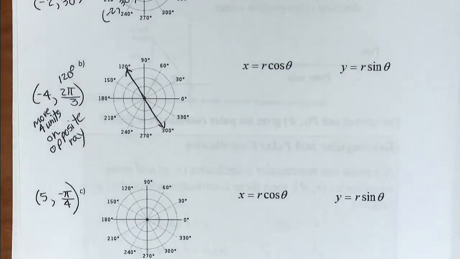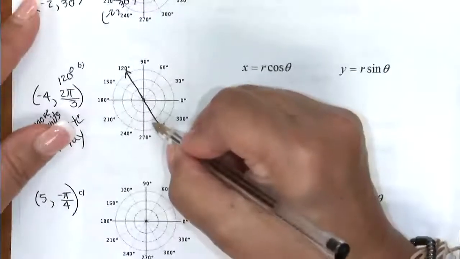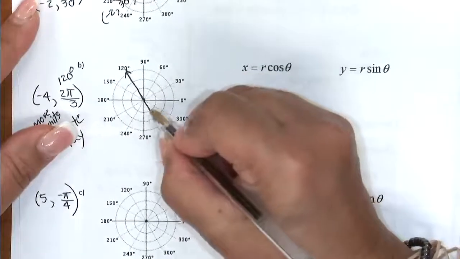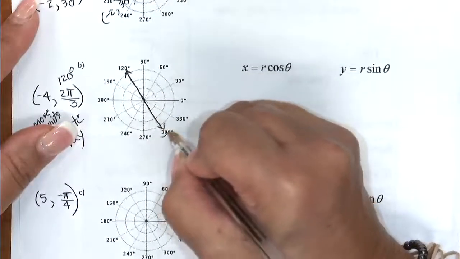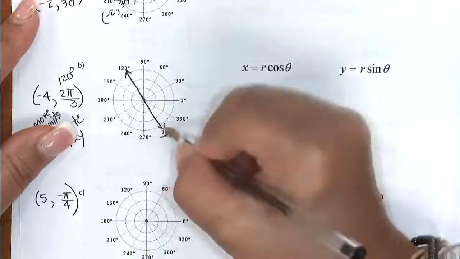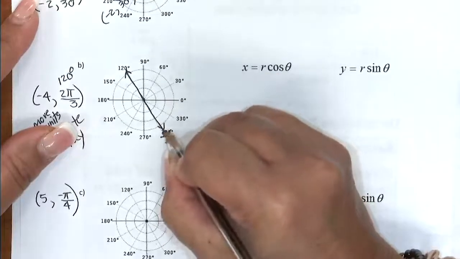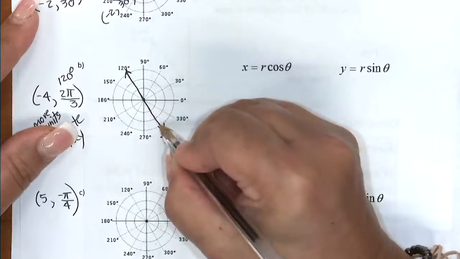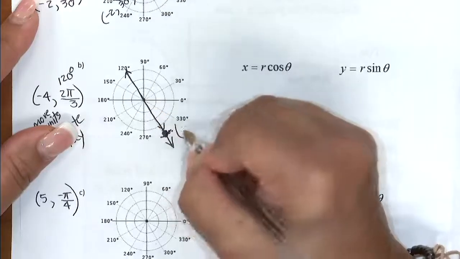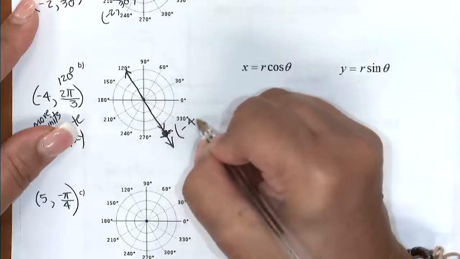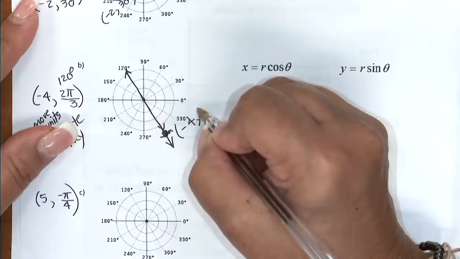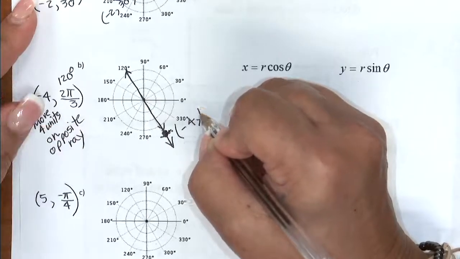Just move out approximately the thickness that you see happening here. So this would be 1, 2, 3, and then another one would be out here. You can always elongate that thing. This is where the point would be, right there. Out 1, out 2, out 3, out 4. And that's what we call negative 4, 120.